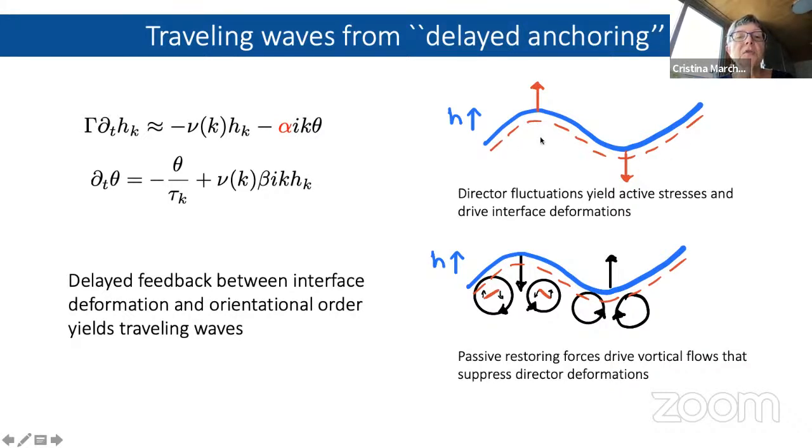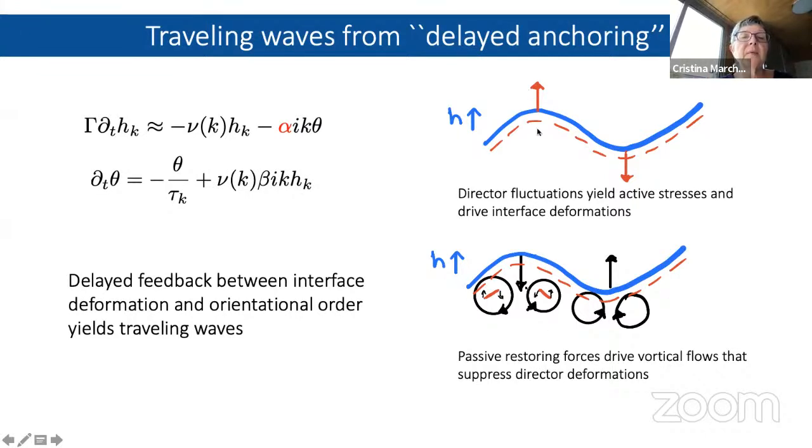This orientation is what actually drives the height fluctuation, which then tends to relax due to surface tension. As the height relaxes, it generates vertical flows, denoted by these black circles here, that in turn tend to suppress director deformation, restoring a flat interface and a flat director field.